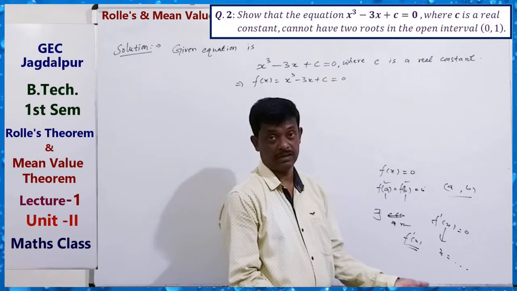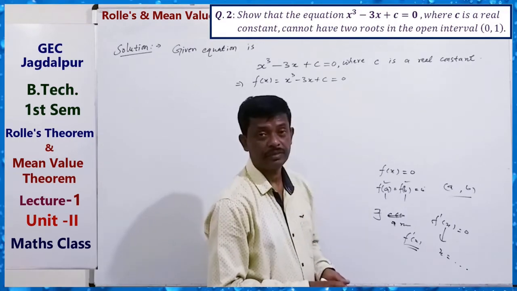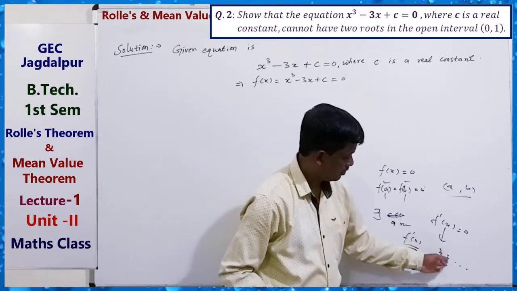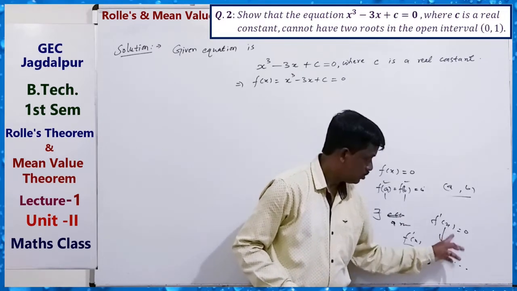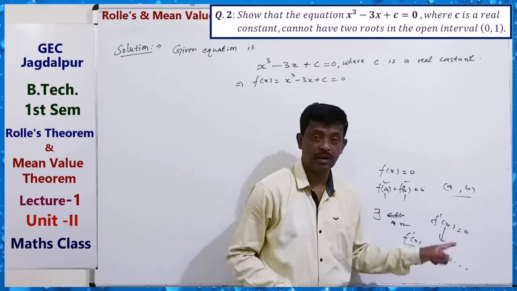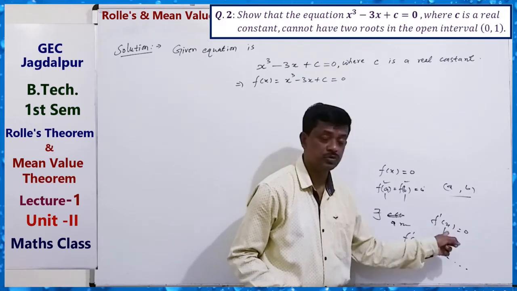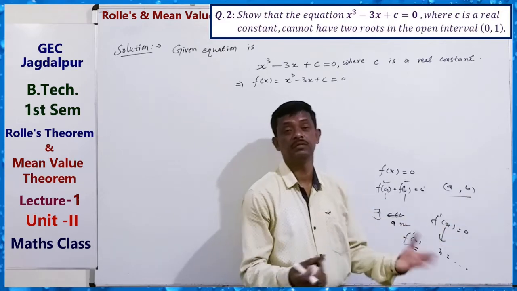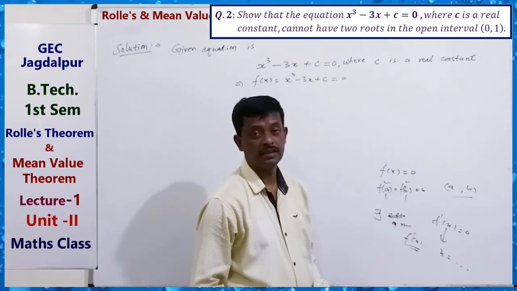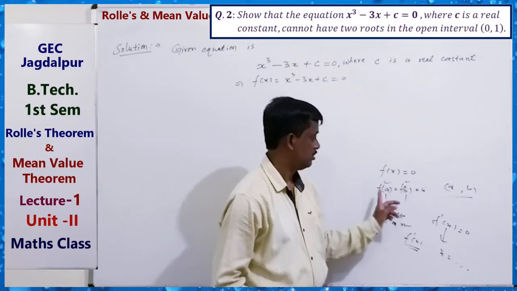But here we see that none of its roots lies in the interval (a, b). That means f(x) cannot have two roots.